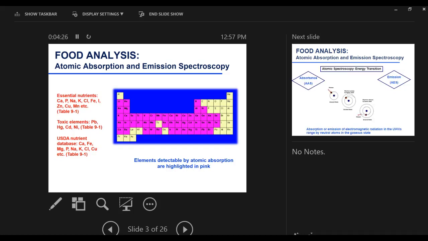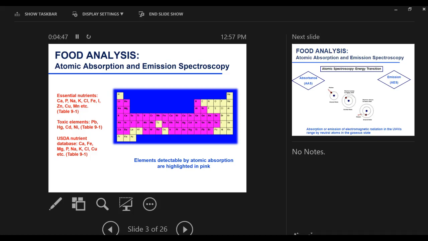So looking at your periodic table, all those that are in pink can be measured using atomic absorption or atomic emission spectroscopy. We care for essential nutrients that we need in micro and macro amounts, or nano amounts even.